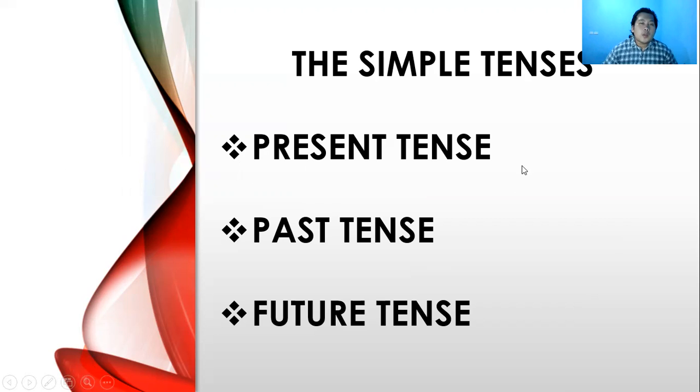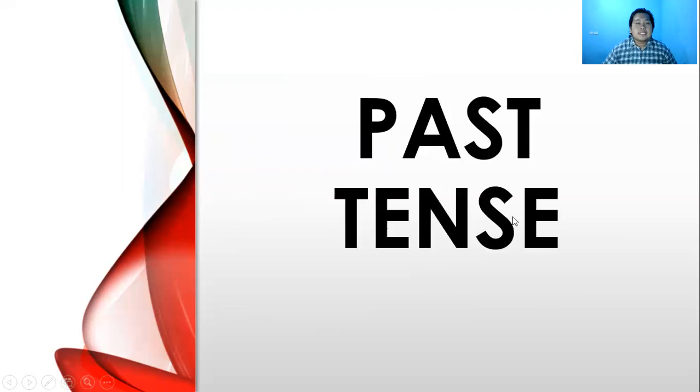Now, what we're going to discuss is about past tense. So, last time, present tense are the actions that happen or are happening in the present time, right? Now, what we are going to have is past tense, which are actions that happened in the past, right? That's why it is called past tense, because these verbs happened in the past.